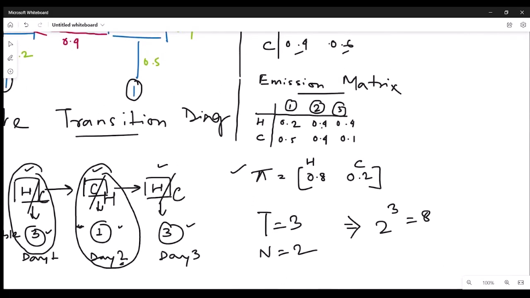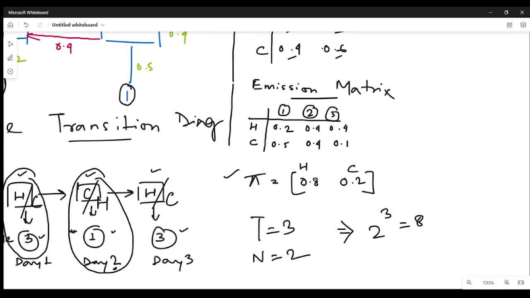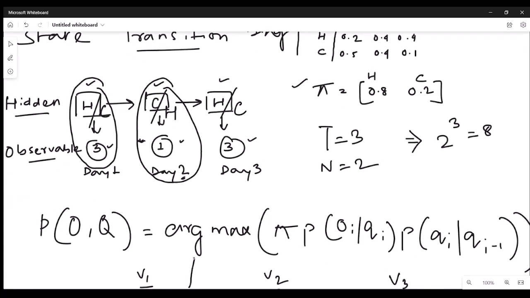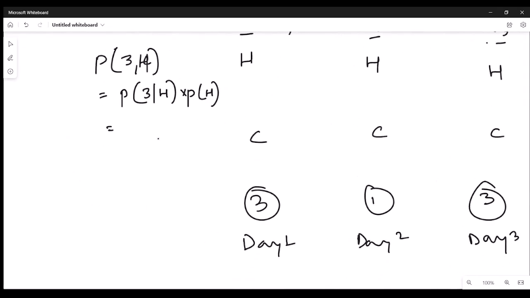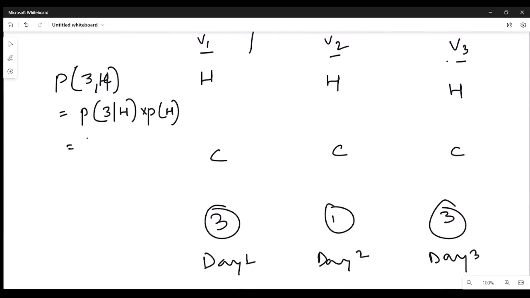The value is 0.4 and the initial probability of being hot is 0.8. So we apply this value. 0.4 into 0.8, we get 0.32. So we write here 0.32.